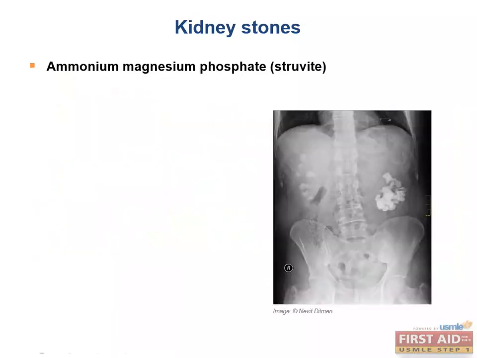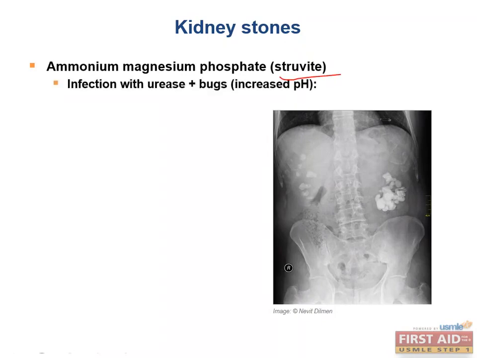Alright, the next type of stone is the monster stone. This is the ammonium magnesium phosphate stone, also known as the struvite stone. These occur when there's increased pH of the urine, abnormally increased. And this is caused by infections with urease-positive bugs.